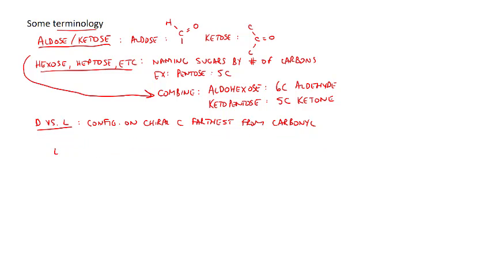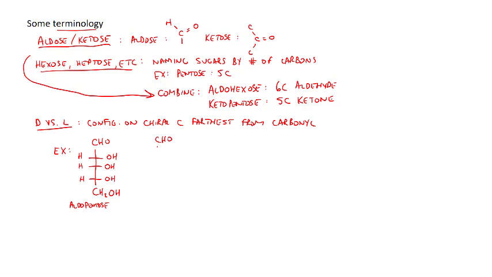So here's one sugar. All right, quick, what type of sugar is this? Aldose, pentose, ketose, what is it? This one is an aldopentose. This is actually D-ribose, which is one of the most important sugars out there.